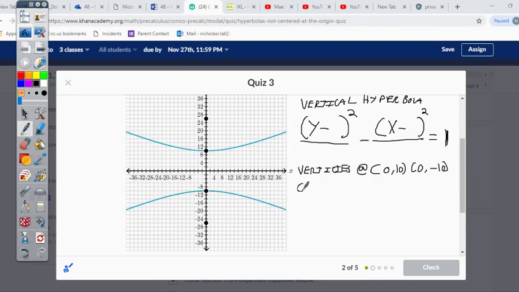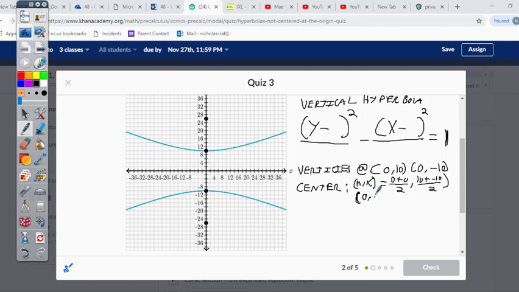So for our center, which is HK, that's going to be 0 plus 0 over 2, comma, 10 plus negative 10 over 2. And so that's all good. That's going to average out to 0, 0. So our center is 0, 0.